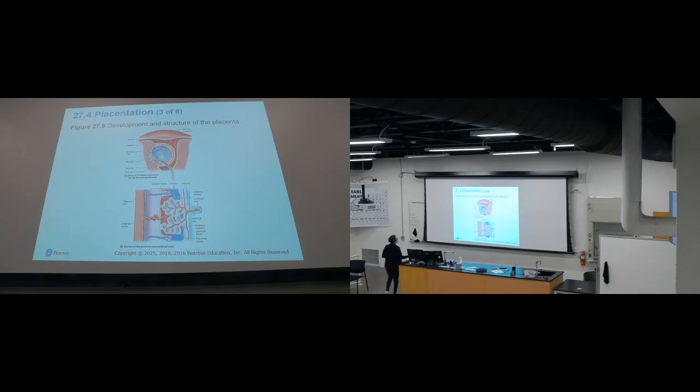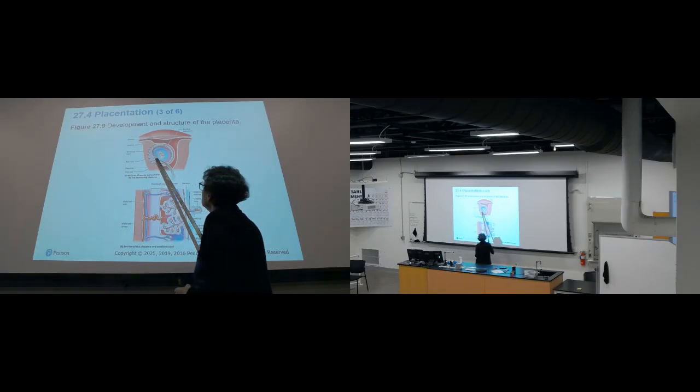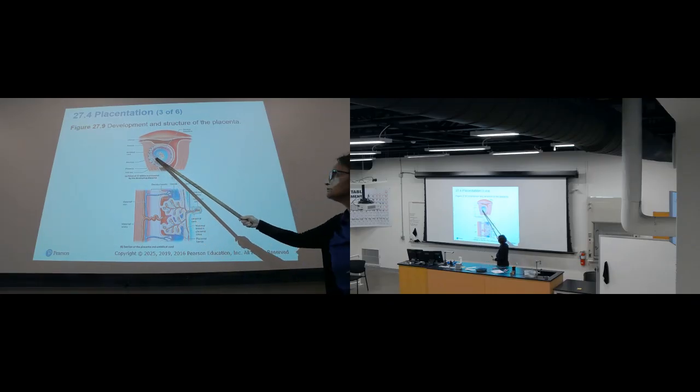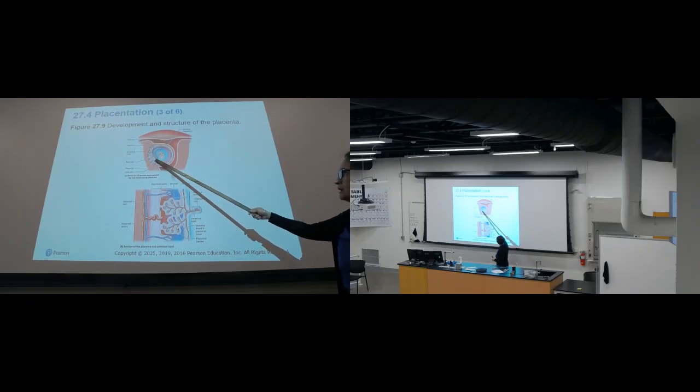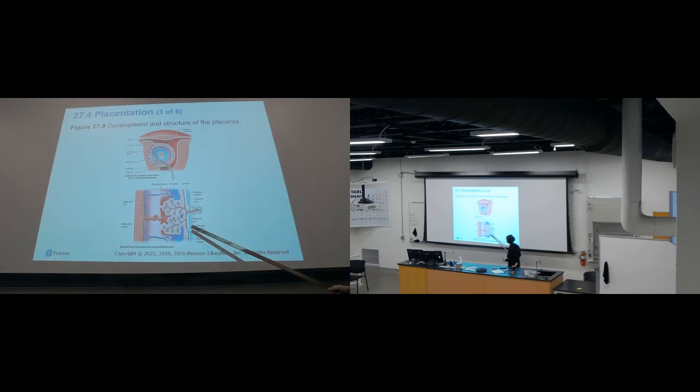So here is the formation of the placenta. By week 12, you have this umbilical cord connected into this cushion of tissue that is called the placenta. And then if you magnify this, you can see these fetal blood vessels. So you have this single umbilical vein that carries oxygen-rich blood, and then two umbilical arteries.